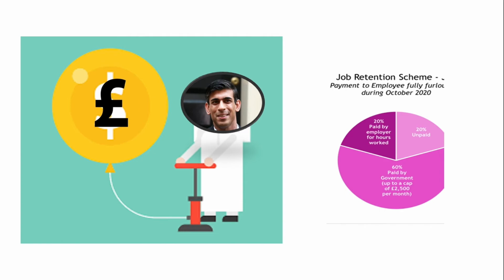This was in contrast to the approach used in the Great Depression, where the British government used the emergency budget in 1931, which cut public sector wages and unemployment benefits, which was deflationary and had a prolonged effect on the depression because it increased the recovery time, whereas the approach used by Rishi Sunak is the complete opposite.